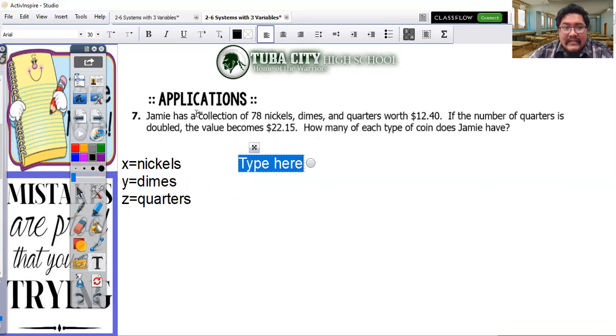It's kind of all over the place. If you look at it here, it says he has a collection of 78 nickels, dimes, and quarters. So again, it's the same sentence, and I think what most people might want to do is put the 12.40 and the 78 together in the same equation, but that's not really necessary. Keep your quantities and your values separate.